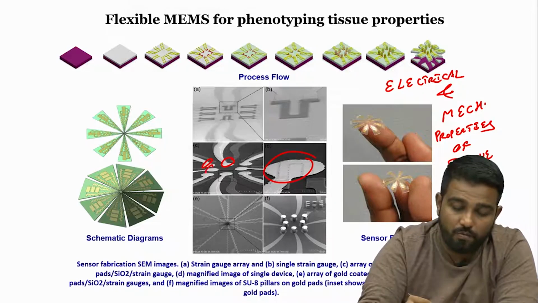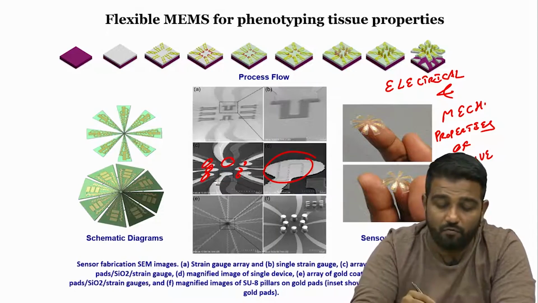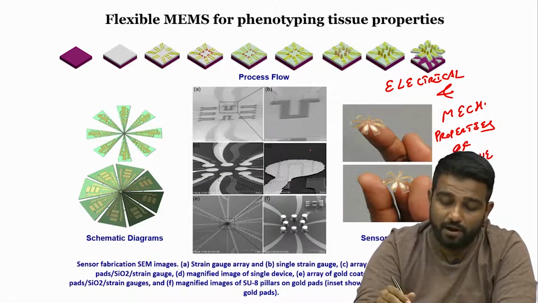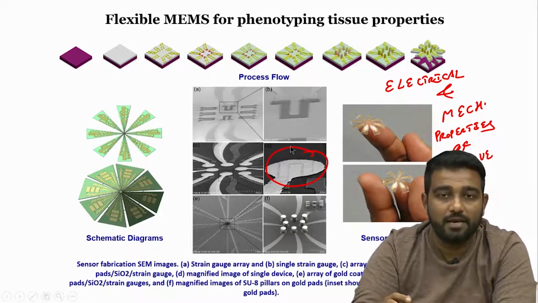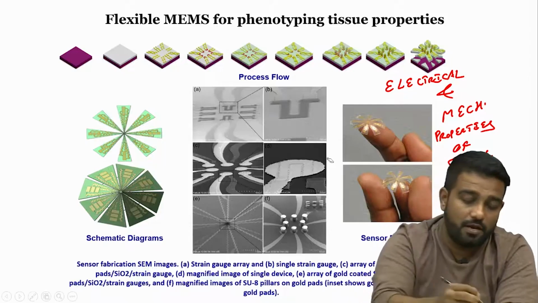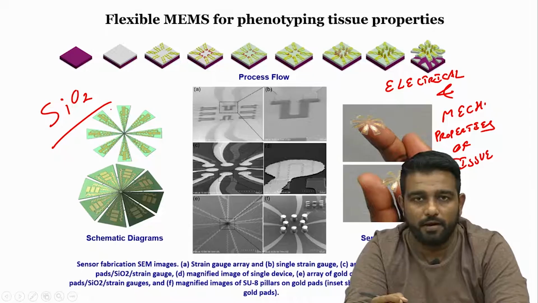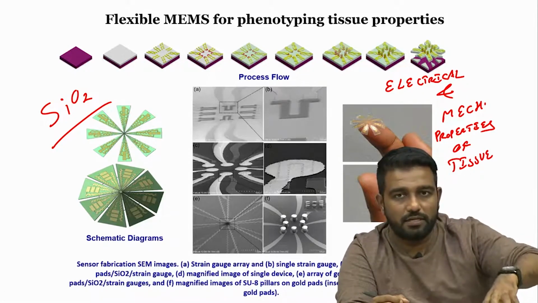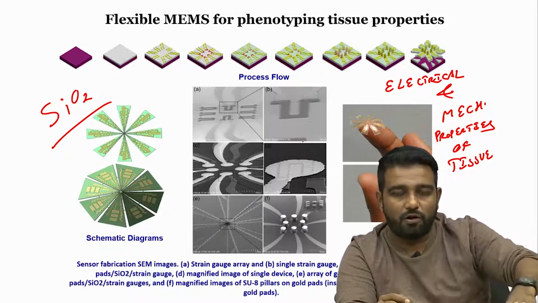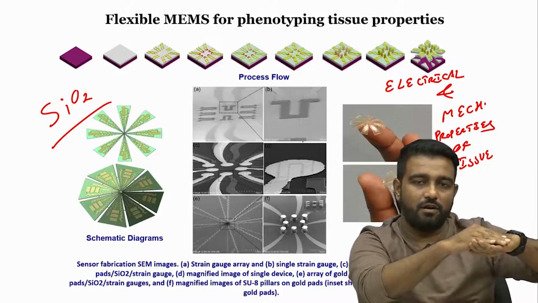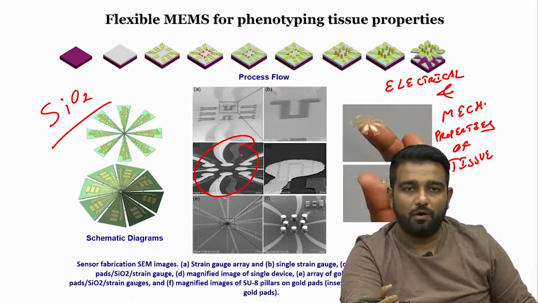These are the gold pads 1, 2, 3, 4, 5, 6, 7, 8. If I zoom into one gold pad, what do I find? The gold pad looks like this. Why? Because below the gold pad there is an insulating material. What is that insulating material? It is silicon dioxide, right. So, silicon dioxide is used as the insulating material and we have a strain gauge at the bottom. So, it is strain gauge, insulating material, and on that you have the gold pads, alright.